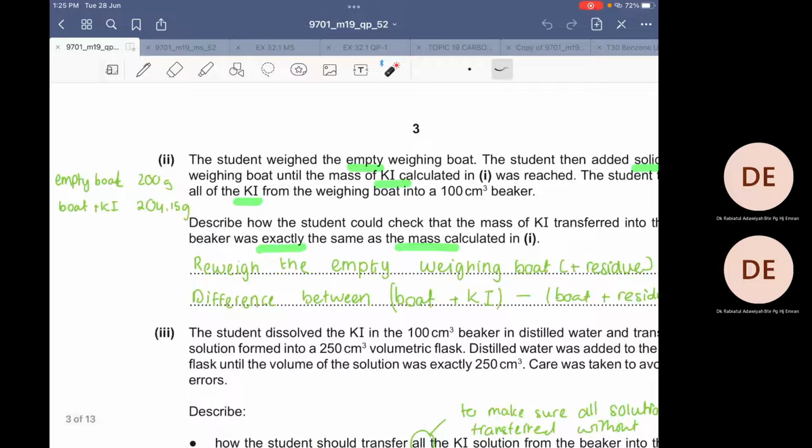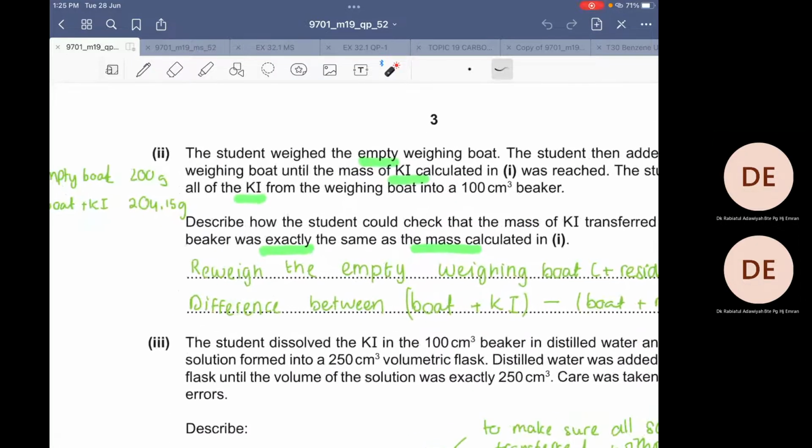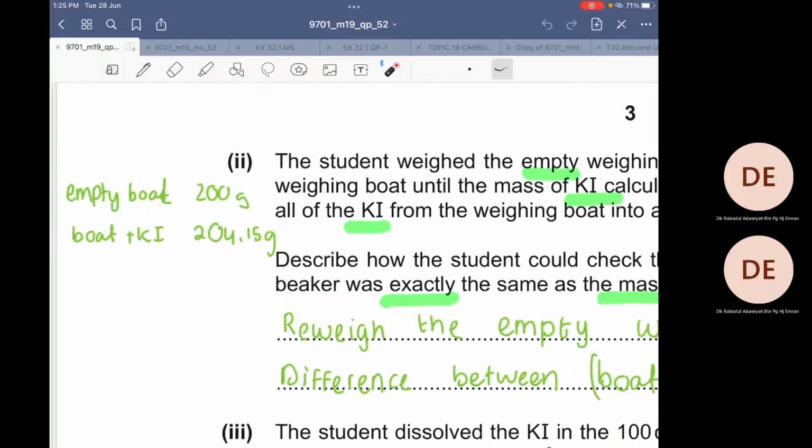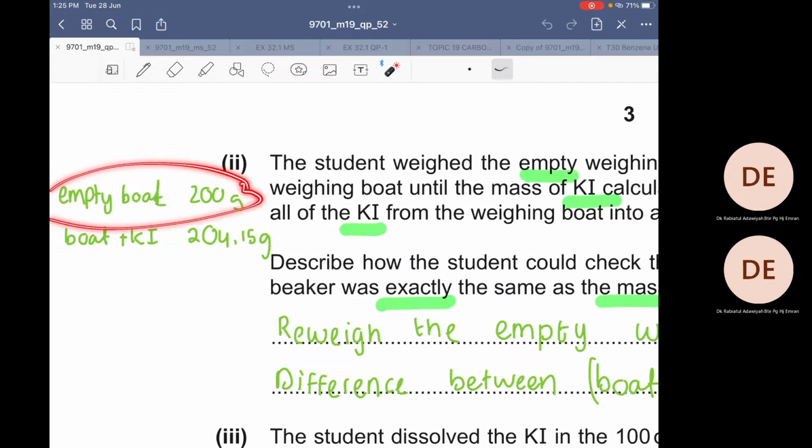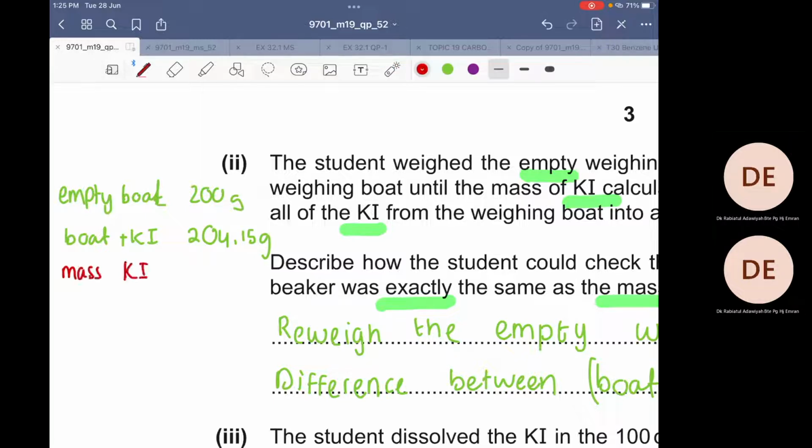From the previous question, the calculated mass is 4.15. So we assume that after we weigh the empty boat, just the boat, it's 200 grams. And then boat plus potassium iodide, you get 204.15. Okay, and then if you want to find the mass of potassium iodide added, it is 4.15 grams, right?